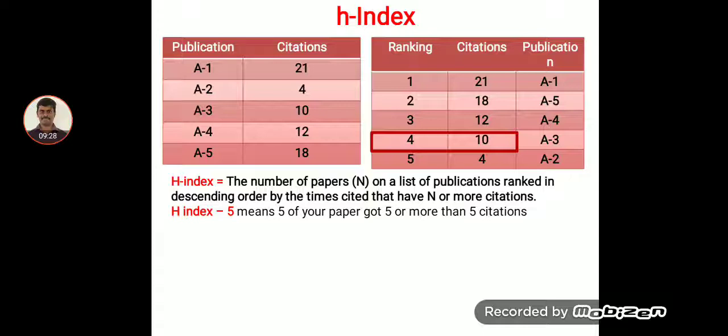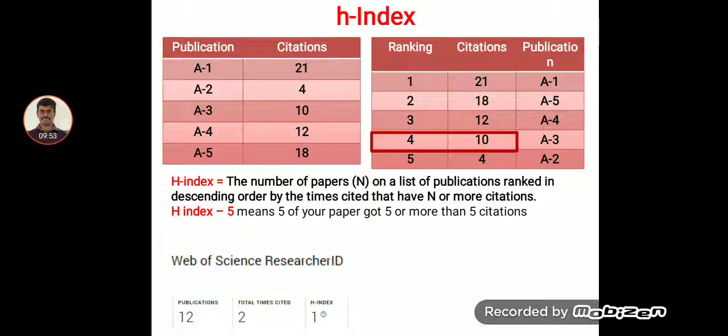Here in this case, the citation 10 is more than 4. As you go down, the citation is 4 and the ranking is 5. The citation is less. So we take the citation which is more than the ranking, and that is 10 citations and the ranking is 4. So this author's H index is 4.